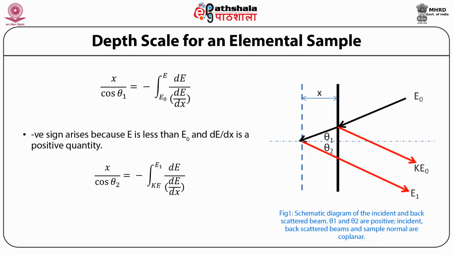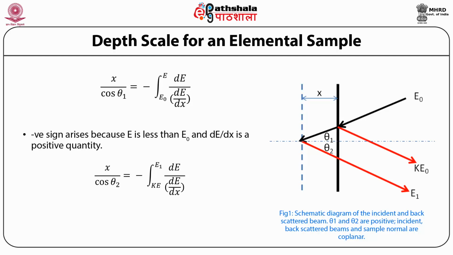We can relate the energy E with x by x divided by cos theta 1 is equal to minus the integration going from E0 to E of dE divided by dE by dx.